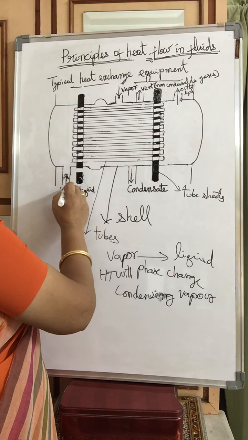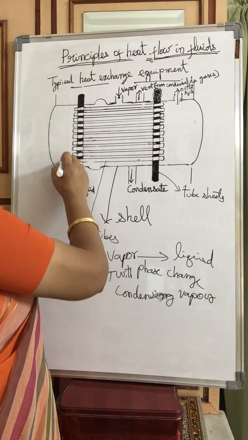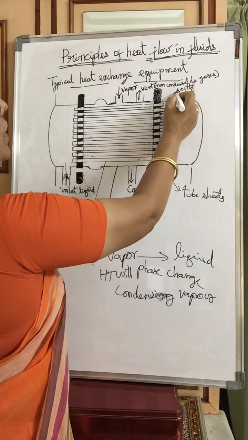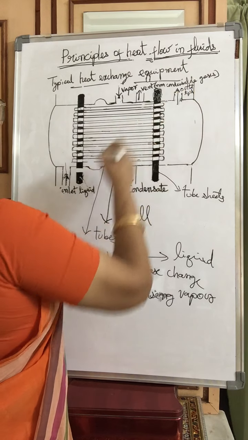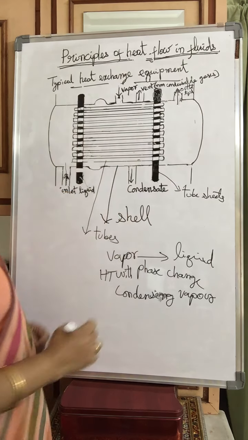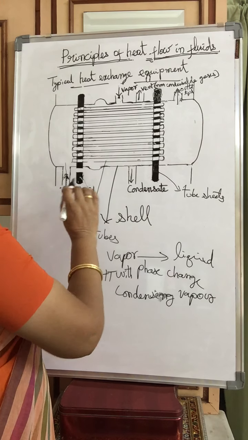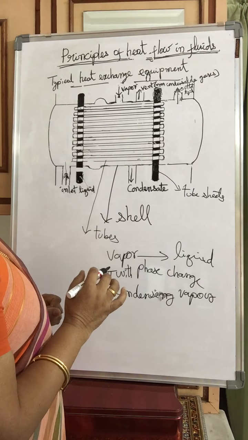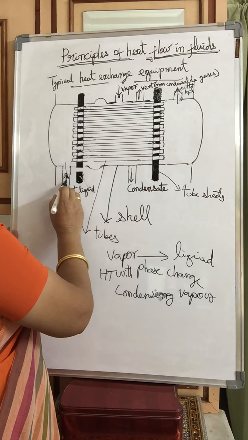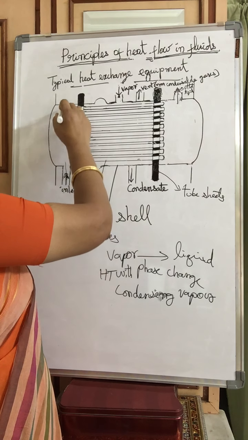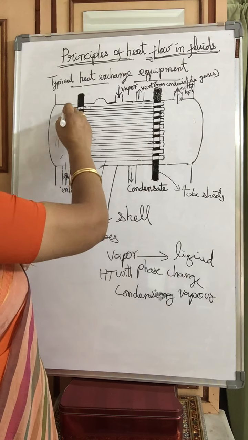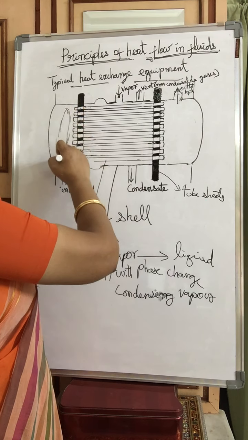That means where the cold fluid enters like this, and here the cold fluid, that is cold liquid, after getting heated will be leaving from this. Okay, so now we will see how the heat transfer takes place. Once cold liquid enters here, it fills up the entire chamber.